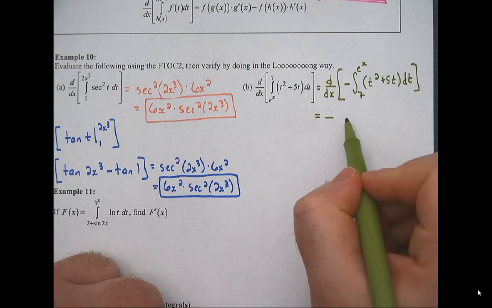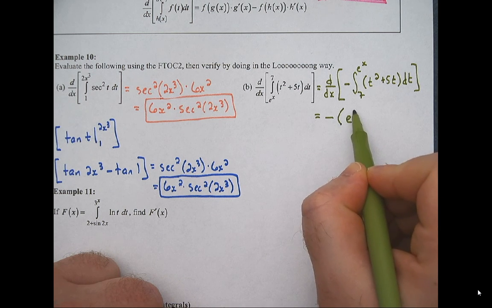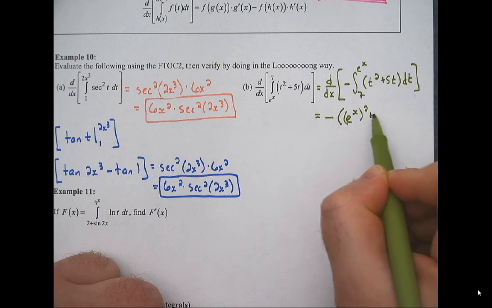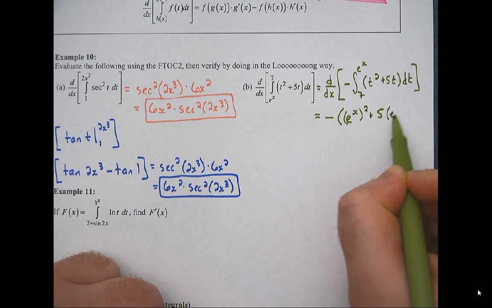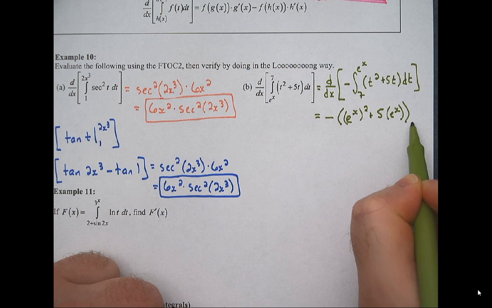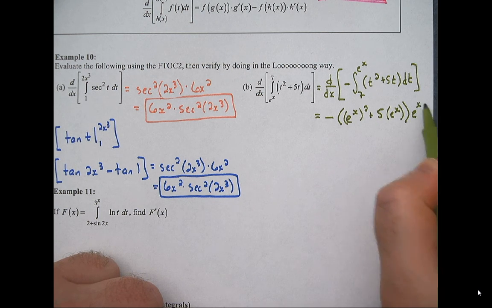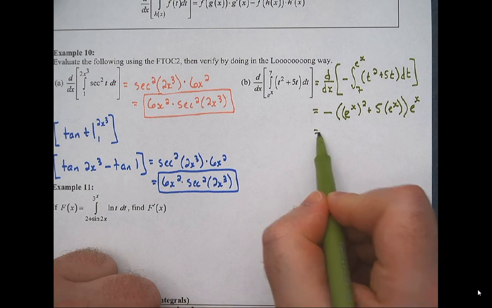So I would plug it in first, multiplied by that derivative, which is e to the x. So what's the derivative of e to the x? E to the x.